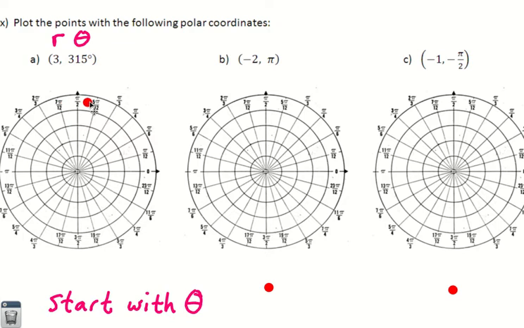I know these are radian measures on the outside of this little graph, but so we would go, let's see, that's 90, that's 270, 285, and then 300, then 315.